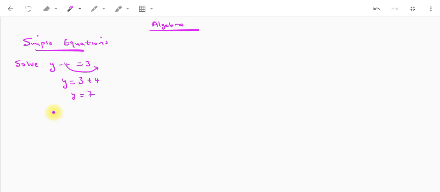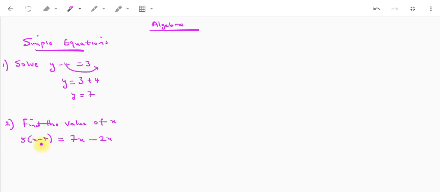Let's try another example. You can call this example 1. Let's see example 2. You're asked to find the value of x in the equation 5 into x minus 7 equals 7x minus 2x.